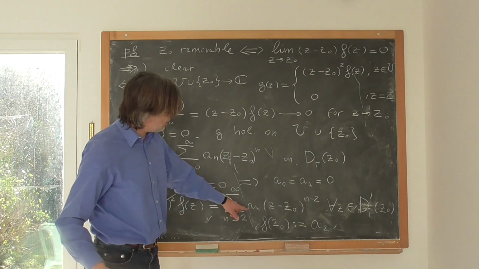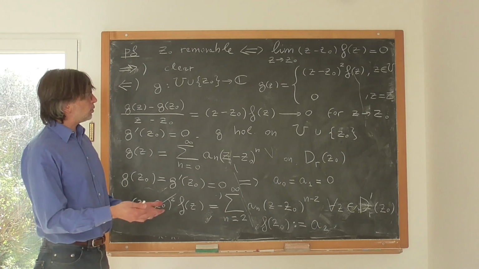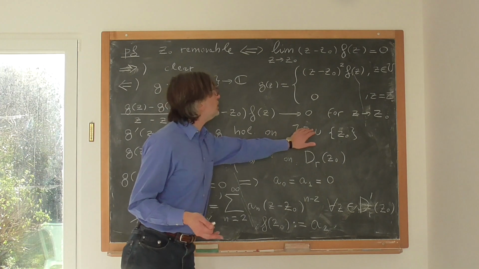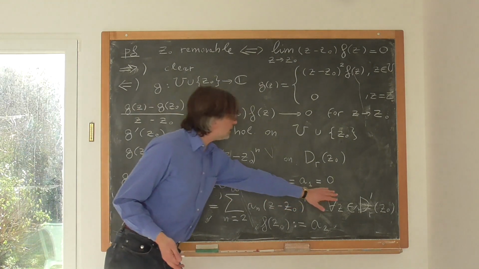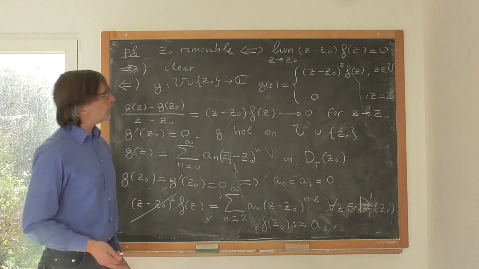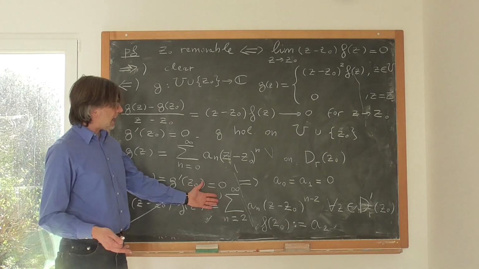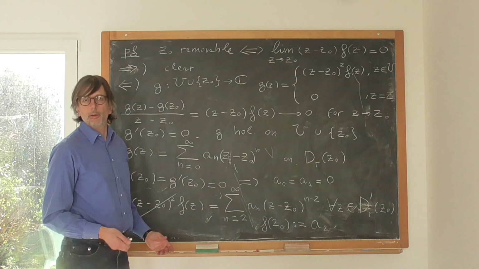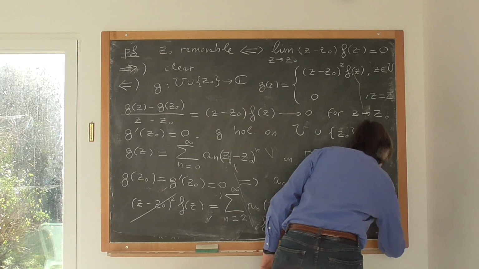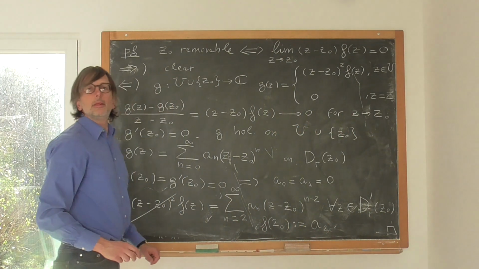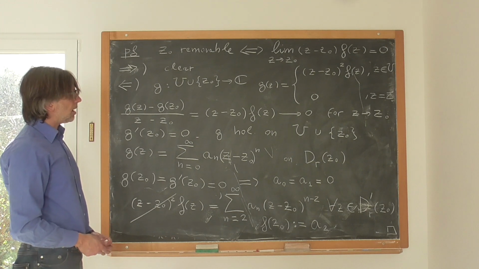Okay, so if we define f at z0 to be a2, we obtain a function which is now defined on U union z0, which is holomorphic, because in this disk of radius r centered at z0, it coincides with the sum of this converging power series. Okay, so this proves this theorem on these removable singularities.